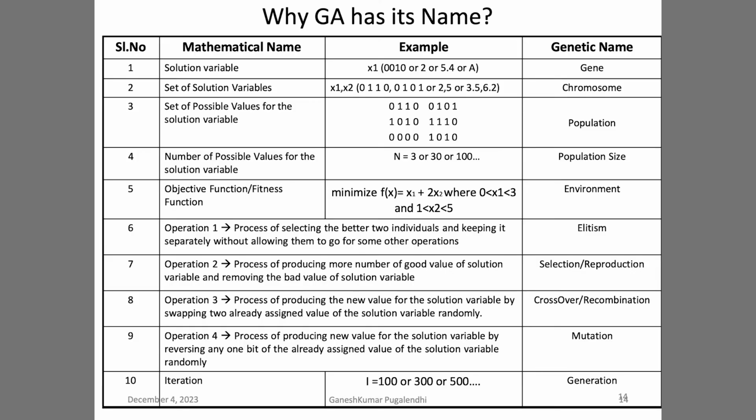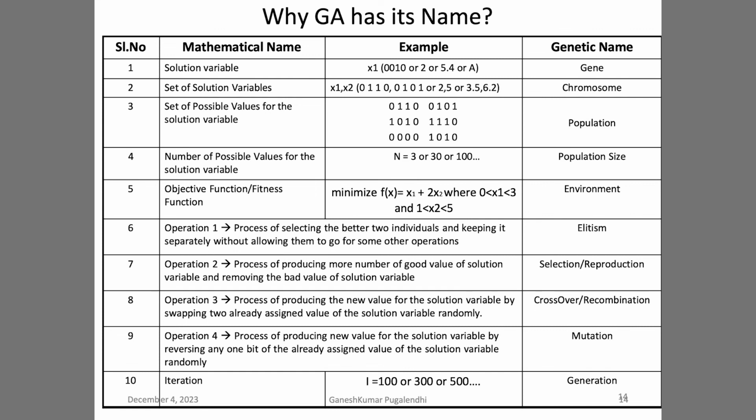Now come to the name, why GA has its name. The solution variables in a mathematical way, x1 and x2, are nothing but genes. The set of solution variables is a chromosome. The set of possible values is called the population. The number capital N is otherwise called the population size.